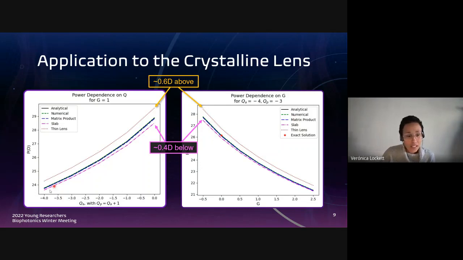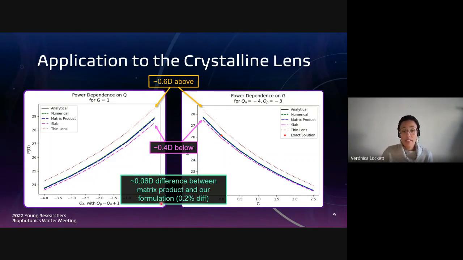It's a little bit closer for very low Q or for high G. You see there's a little bit more difference over there, but that was the average. And between the matrix product and the direct trapezoidal or numerical integration, we got a 0.06 diopter, like a 0.2% difference.